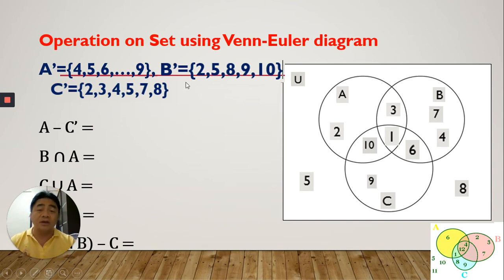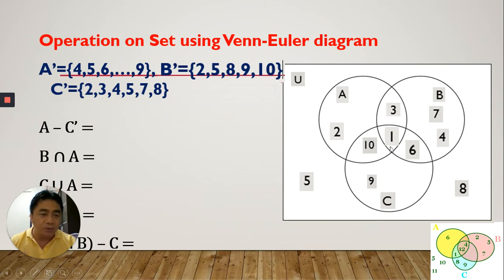But sometimes, if you have already mastered how to figure out the resulting elements by just looking at the diagram, then there's no need to write the complements of the different sets. Just like the first one, we have A minus C prime. We just look at the diagram here.